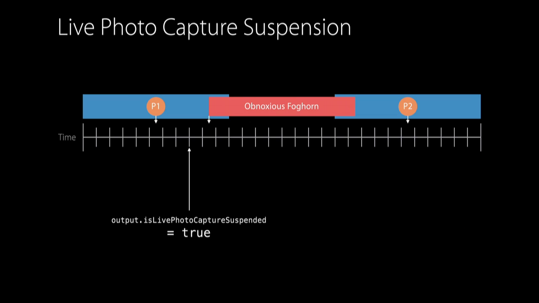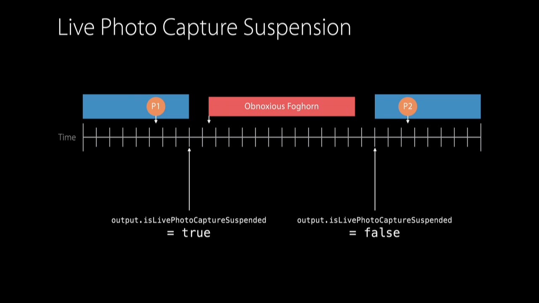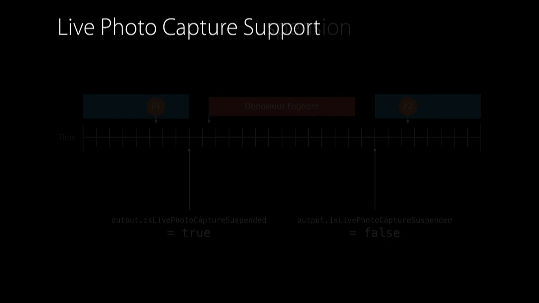And that will cause any live photos in progress to abruptly be trimmed right to that point. And you can do the same thing by setting is live photo capture suspended to false, and that will cause a nice clean break on the in point so that no content earlier than that point will appear in your movies when you unsuspend. It's a nice little feature.